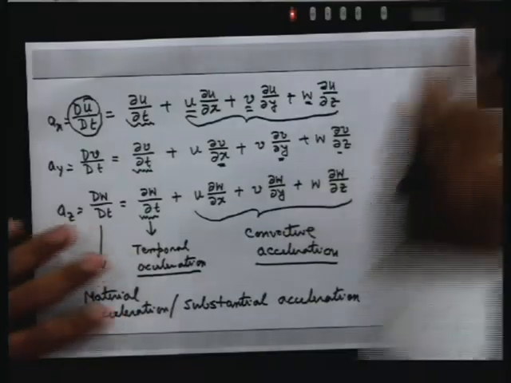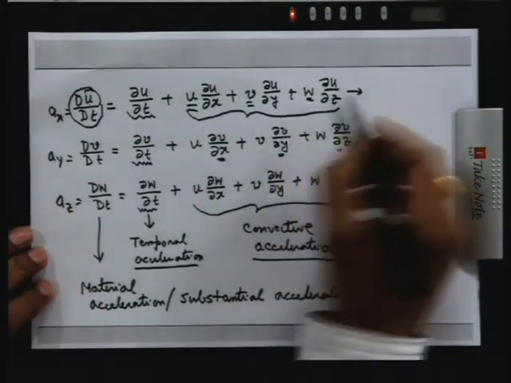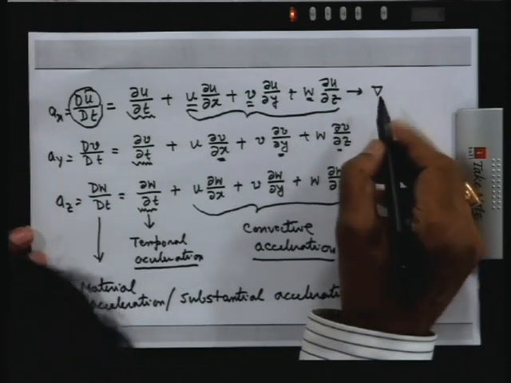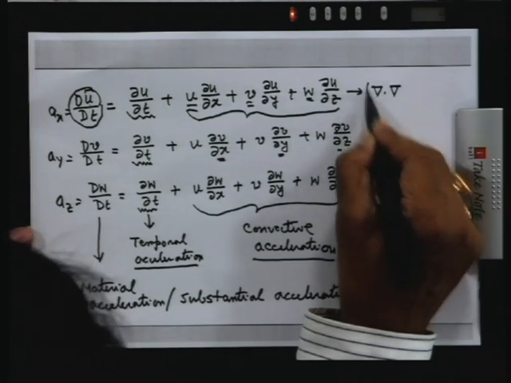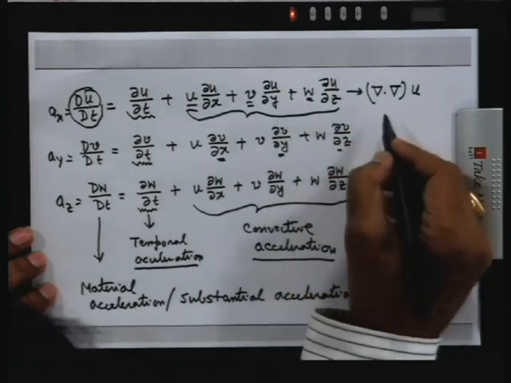This can be written in a vector form. First of all, let me tell you that this is the operator del dot grad, because what is this?